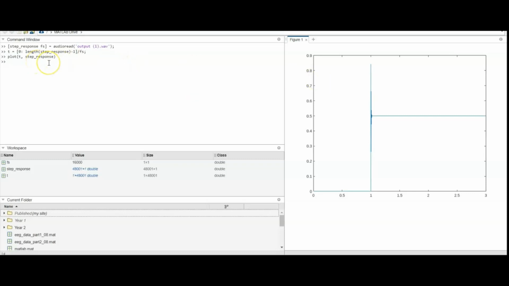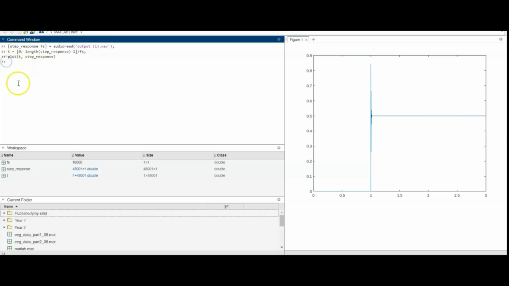We should see that up here on the right. Yep, so I'm just going to put an x and y label on it now. So xlabel time, seconds, and ylabel of amplitude.